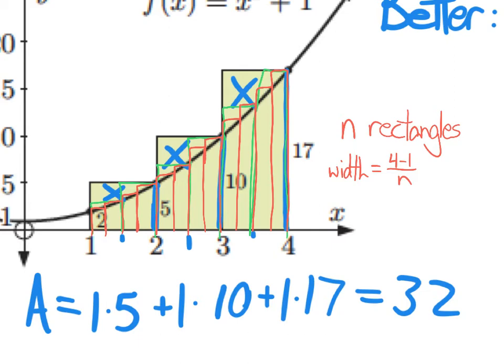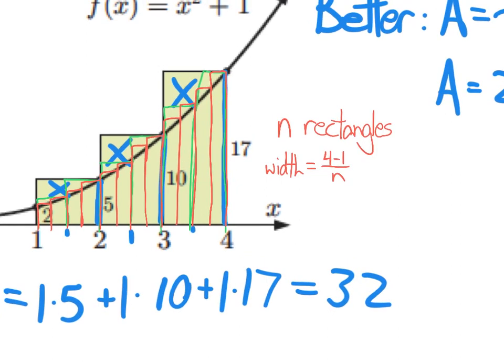And since we're using right-hand rectangles, the heights would equal f of 1 plus 3 over n. That would be the height for the first rectangle. Then for the second rectangle, I'd add another 3 over n, and then another 3 over n, and then another 3 over n, like a sequence in a series. So we're going to make a series here.